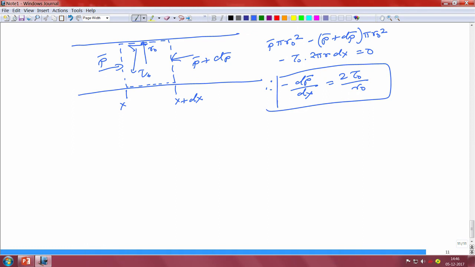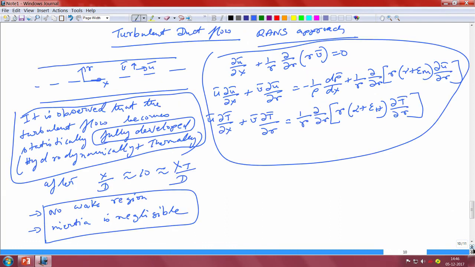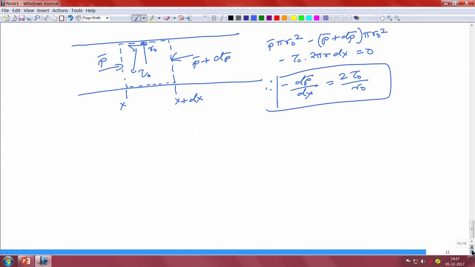So this solves a major part of the problem, because if you look at your previous expression, you find that this term is obviously not really useful, because that is inertia. We needed something for dP by dx. We needed to know what is the nature of dP by dx. Now we have found out what will be the value of this dP by dx. That is nothing but the wall shear stress.